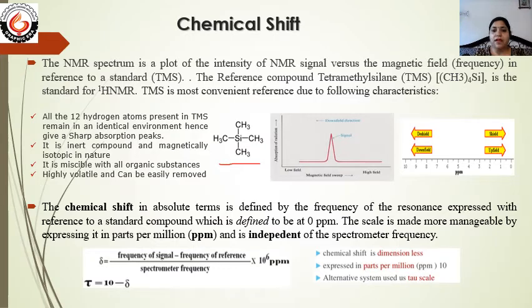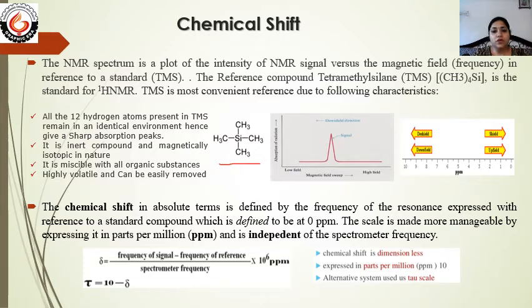Environment means the bond length, the force acting on the bond, the inductive effects, etc. So all feel the same environment and all hydrogens are equivalent, and they give a single signal.